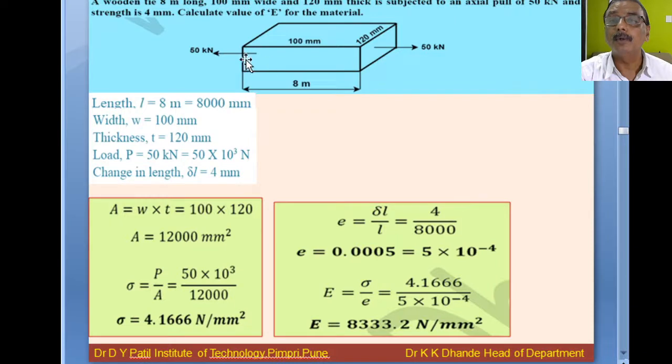Delta L is known, that is 4 mm. P is also known, 50 into 10 raised to power 3. L is also known, 8000, divided by the cross sectional area we have already calculated, 12,000. The unknown quantity will be only capital E. In one step you may calculate this modulus of elasticity. Is it right? Okay.